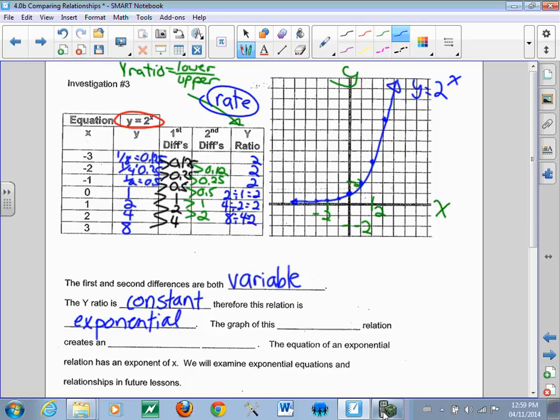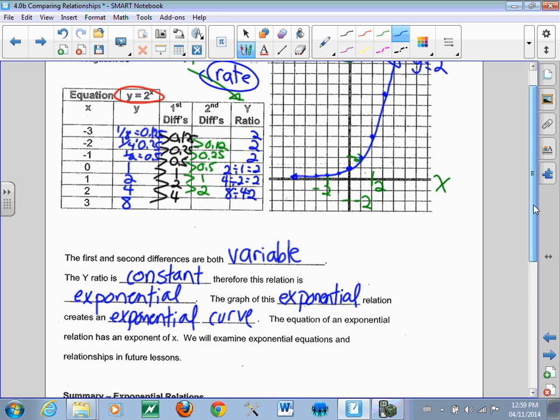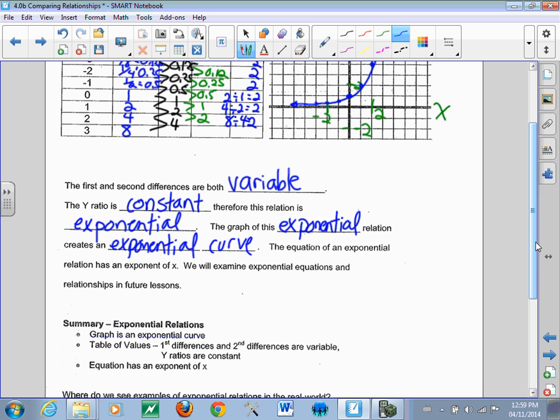The graph of this exponential relation creates what we call an exponential curve. Some people think of it as a Nike swoosh, but it's not completely like that. The equation of the exponential relation has an exponent of x. We will examine exponential equations in further relationships. And in grade 11, you have a whole unit on it.